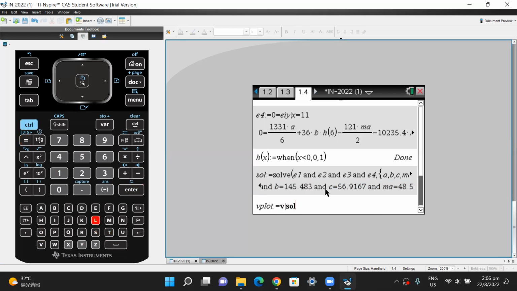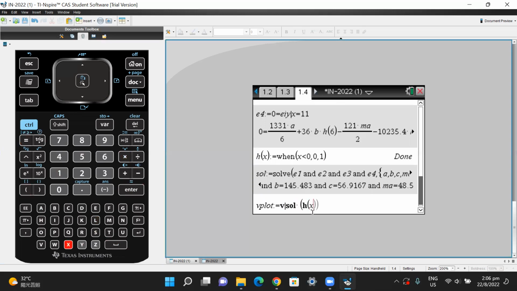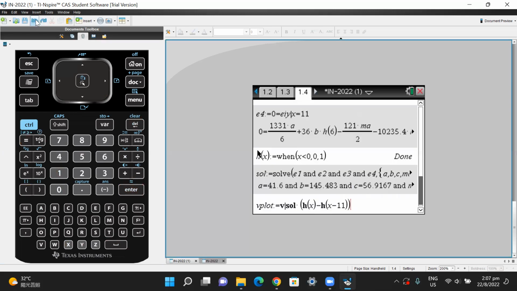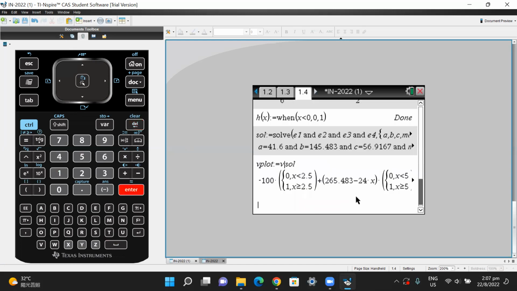And don't forget to sub the solutions into the function. Okay, maybe let's just do it like this.